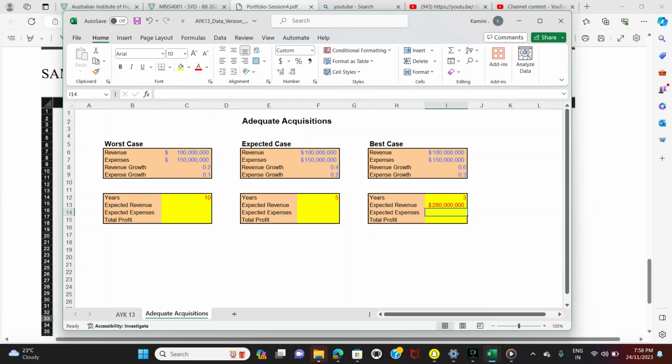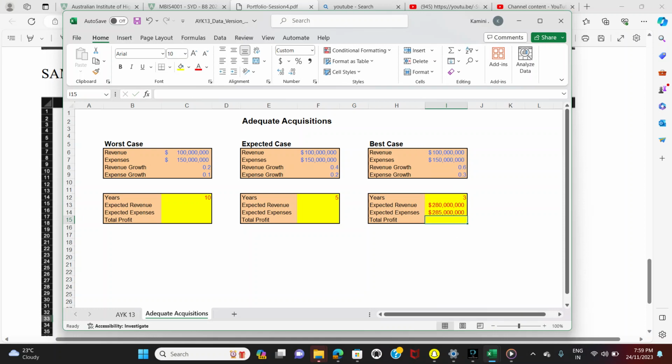Calculate the expected expenses. Now we again use the formula. The expenses multiply by expenses growth multiply by number of years, then plus the expenses of that particular year.